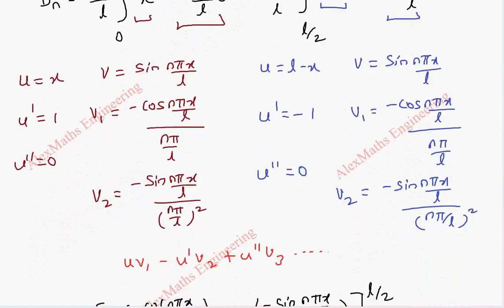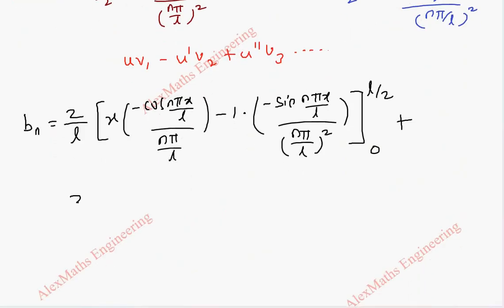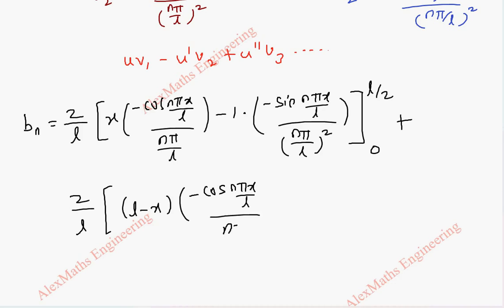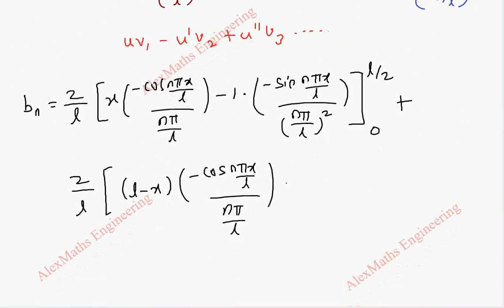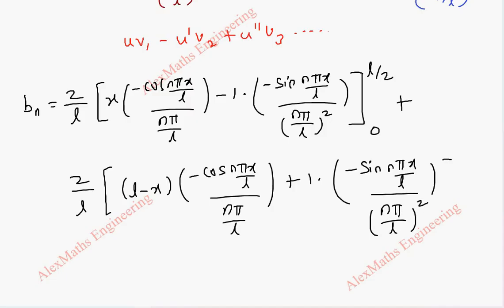Then coming to the second part, again we have plus 2 by L, and this is L minus x into minus cos n pi x by L by n pi by L. Then minus u dash, and u dash is already minus 1, so we can make it as plus 1 into, again v2 is minus sin n pi x by L by n pi by L whole square, and limit is from L by 2 till L.